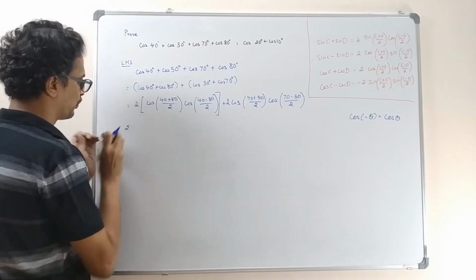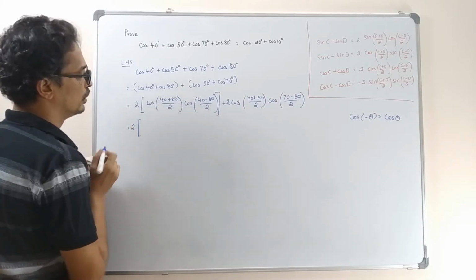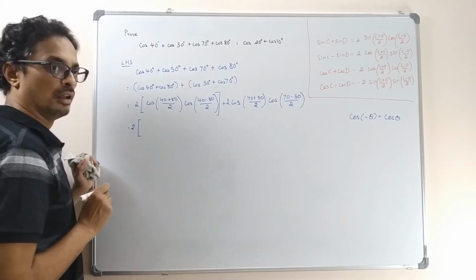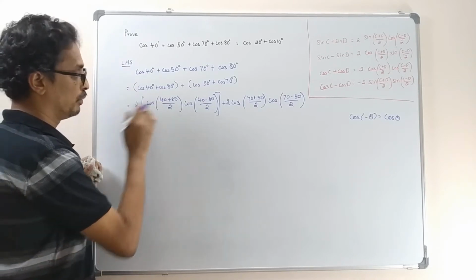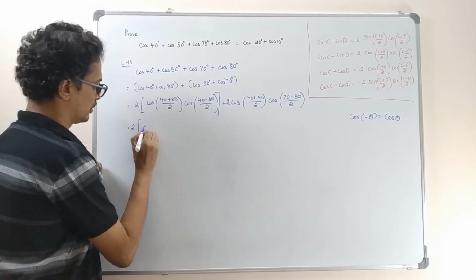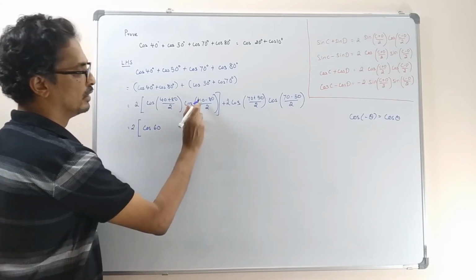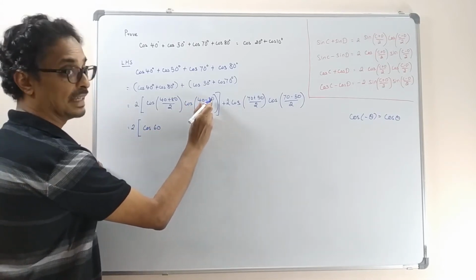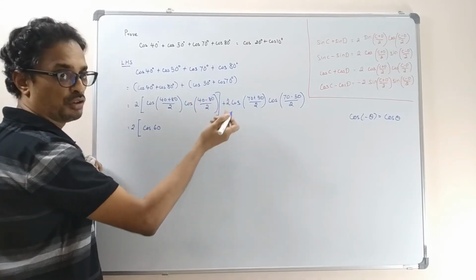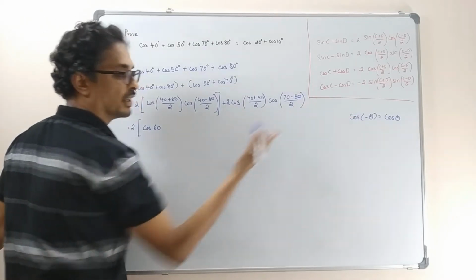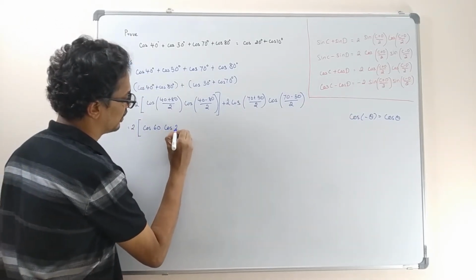We will have 2, and 40 plus 80, 120 by 2, that is cos 60, into this will be cos 20, because it is minus 20, and cos of minus theta equals cos theta. So this will be cos 20.